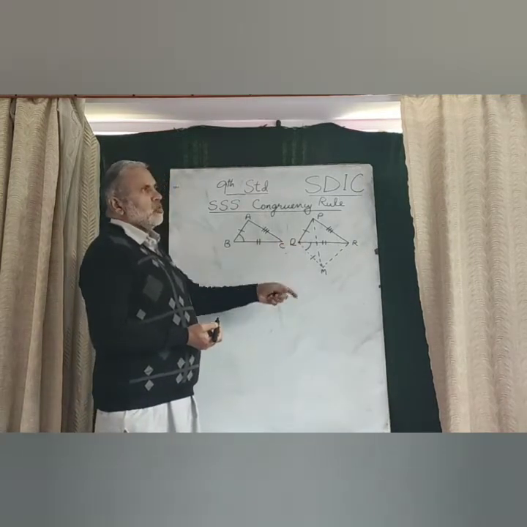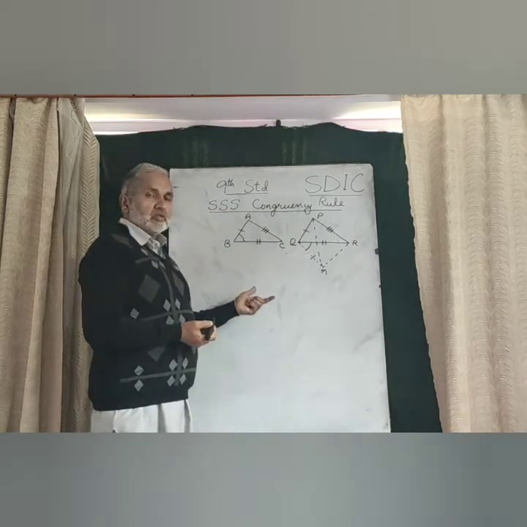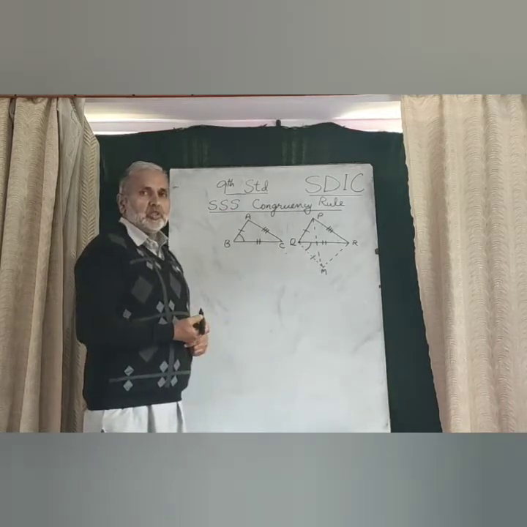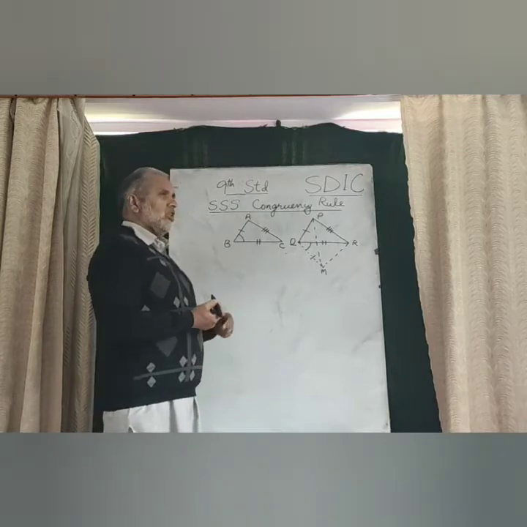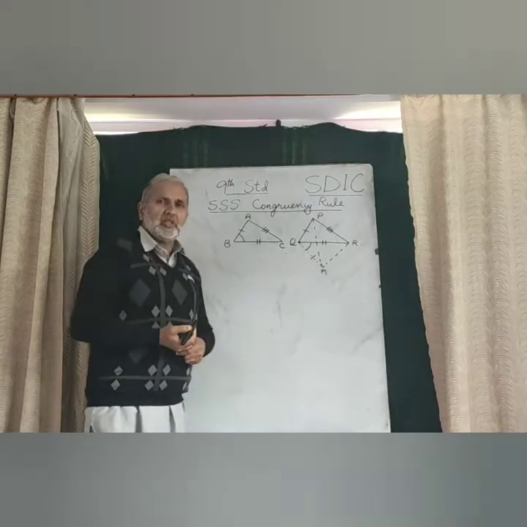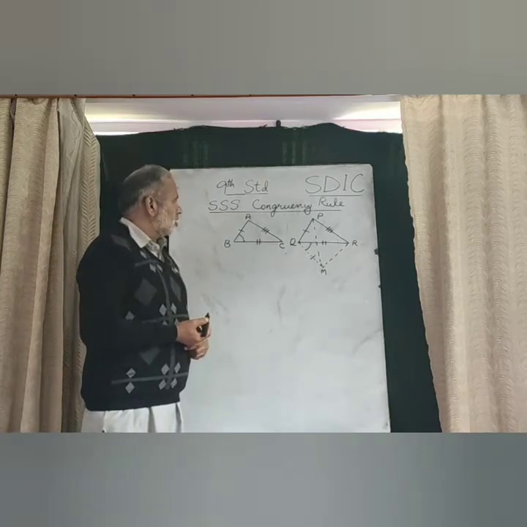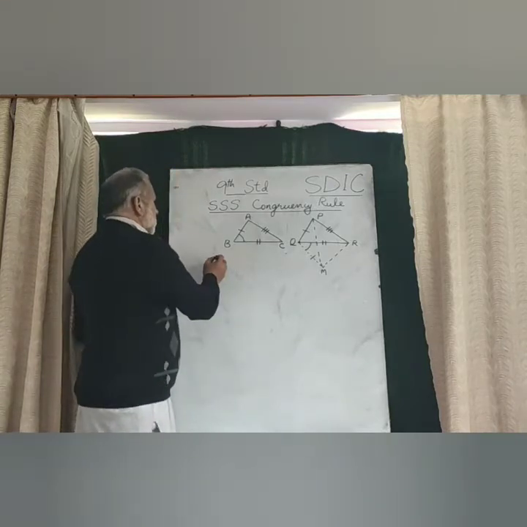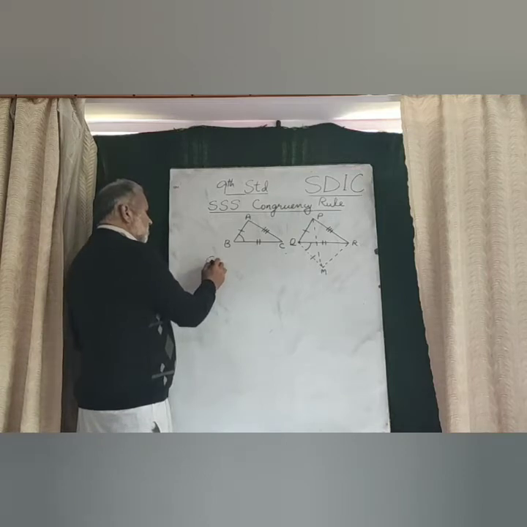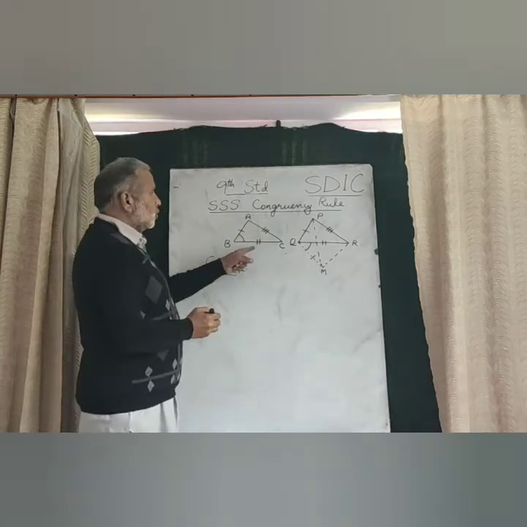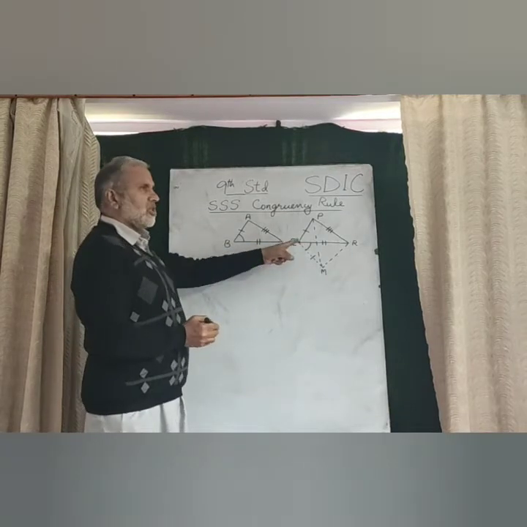This figure now will help us to prove this result that we have to prove in this question. So before I begin the proof, you write given, to prove and construction quickly. Note down on your copies. Given part of this, we have two triangles in which corresponding sides are equal.